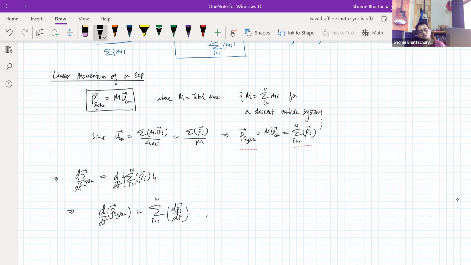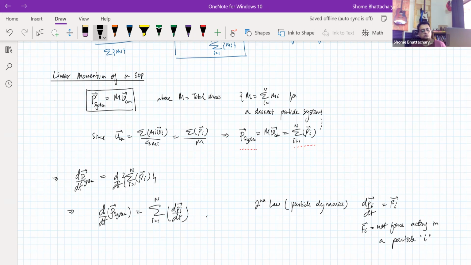Now by Newton's second law, applied in a particle sense, so particle dynamics, the rate of change of any particle's momentum is equal to the net force acting on it. So this becomes the summation of the net force acting on all the particles, summed up over all the particles.